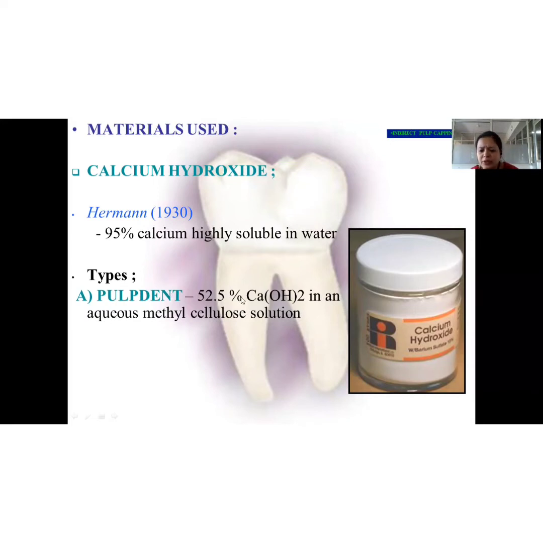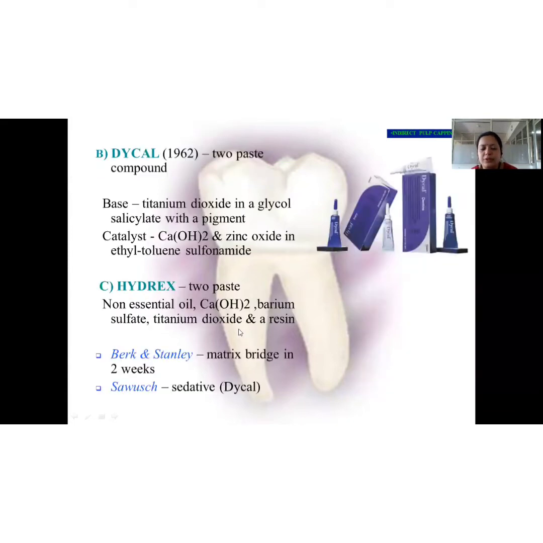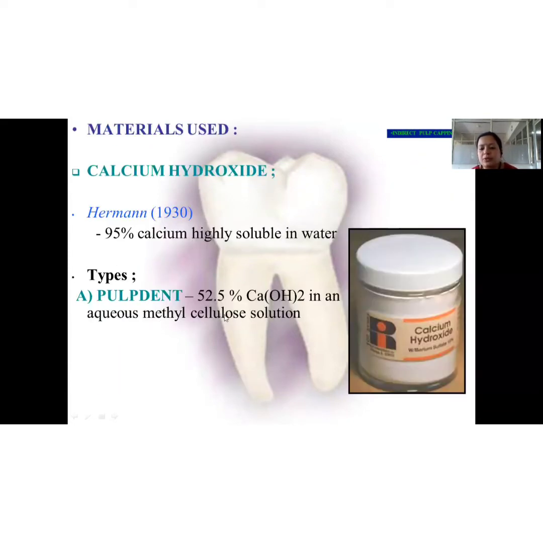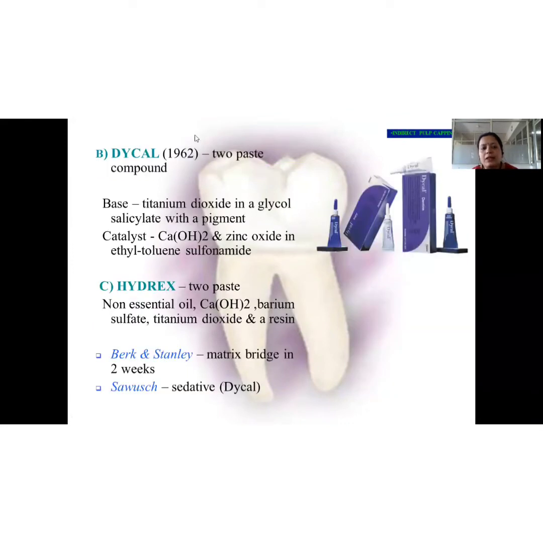There are different types of calcium hydroxide that can be used, like Pulpdent, which is 52.5% calcium hydroxide in aqueous methylcellulose solution. Dycal has a two-phase system: the base consists of titanium dioxide in glycol salicylate with a pigment, and the catalyst contains calcium hydroxide and zinc oxide in ethyl toluene sulfonamide. And Hydrex is a two-phase material consisting of non-essential oil, calcium hydroxide, barium sulfate, titanium dioxide, and a resin.